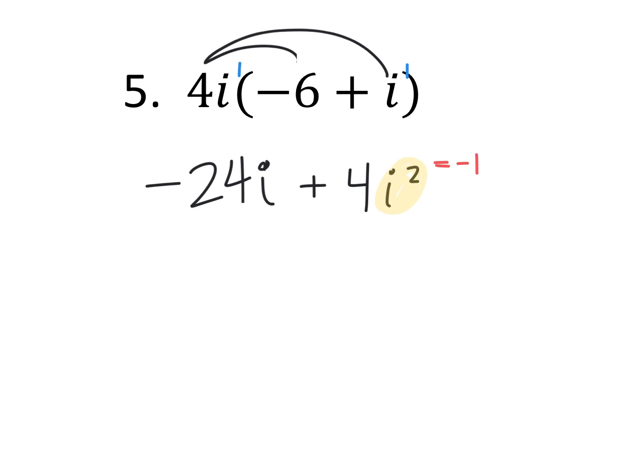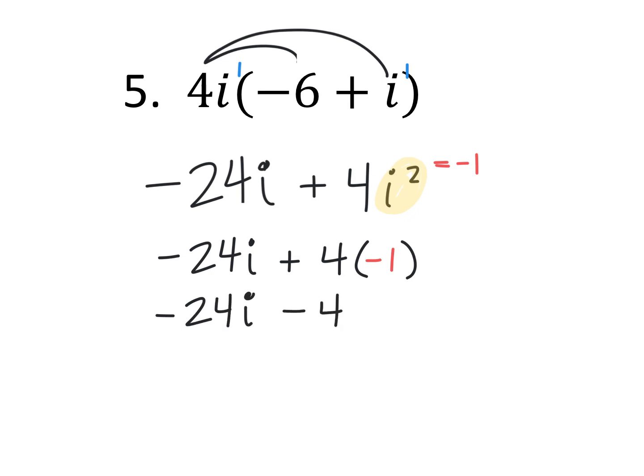And so that means that we're going to simplify it a little bit further. -24i plus 4, but instead of writing i squared, I'm going to put -1. So that becomes -24i minus 4.